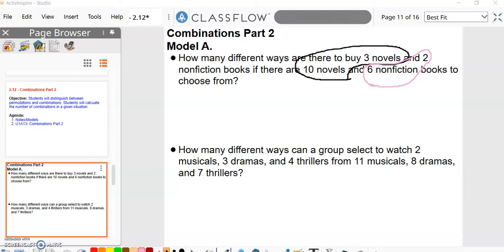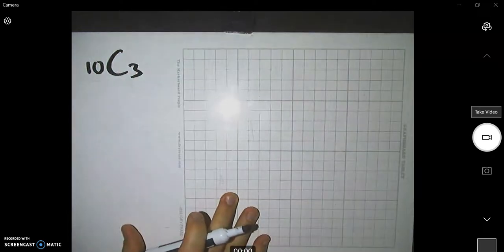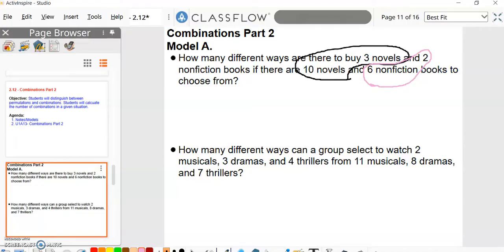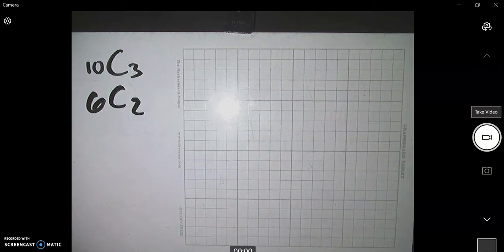We have 10 total novels, and we're picking 3, so that is 10C3. And while I'm writing it down, we'll do the other one, 6C2. So 6 nonfiction, and we're picking 2. Remember, novels are books that tell a story, and nonfictions are books that tell facts, okay?